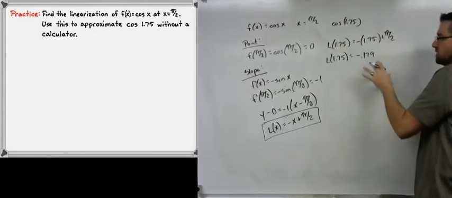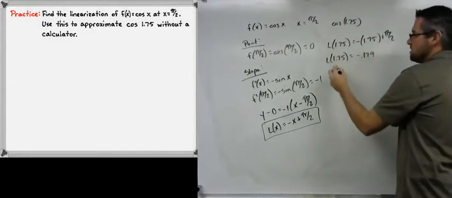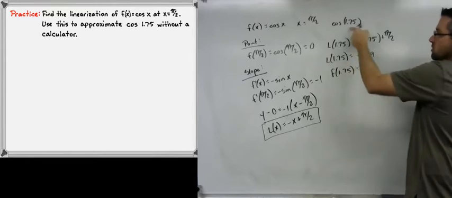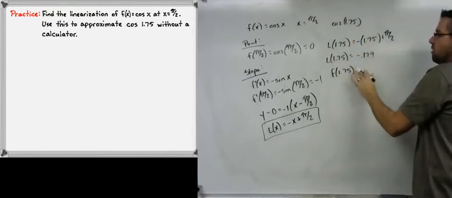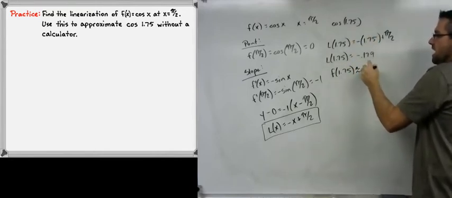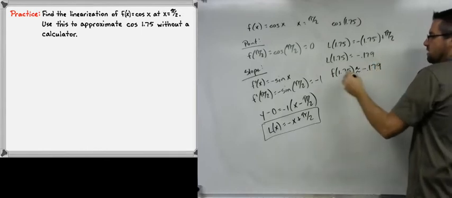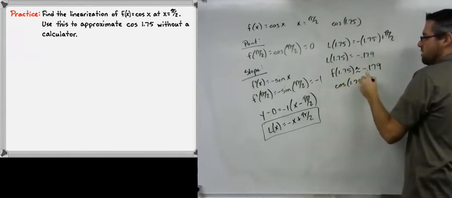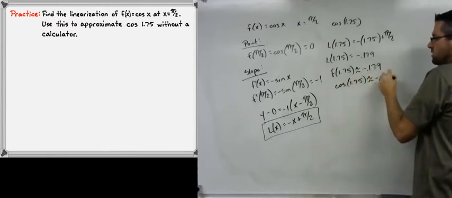So that's my tangent line's value. Then we can say that f of 1.75, which is cosine of 1.75, is approximately negative 0.179.